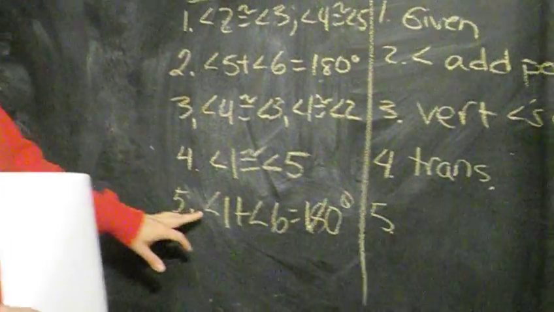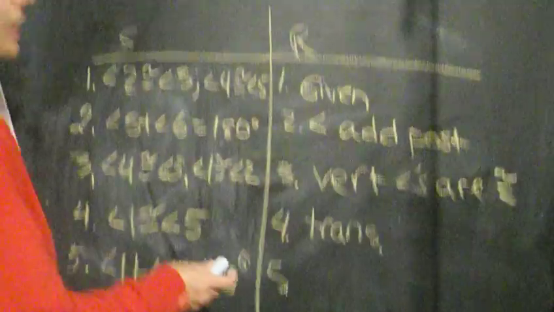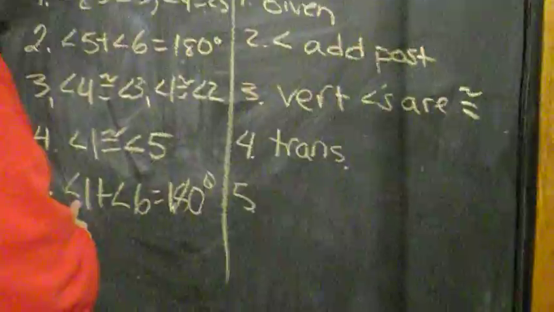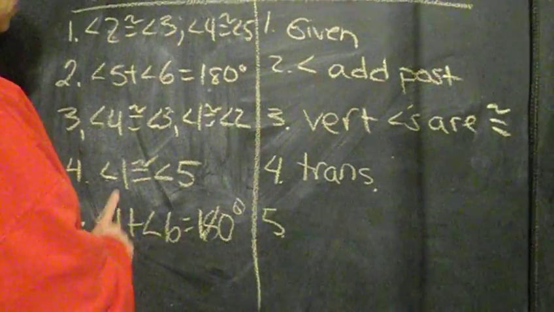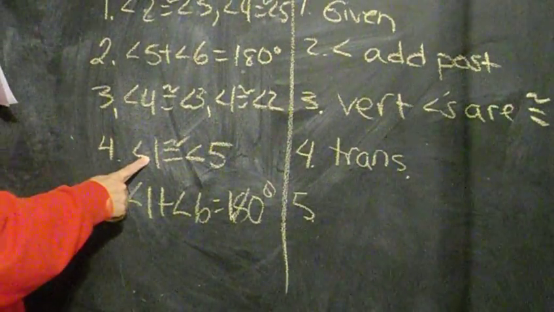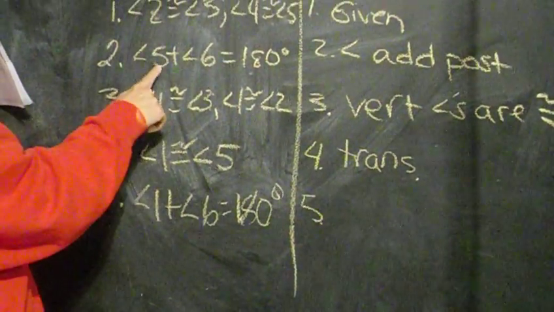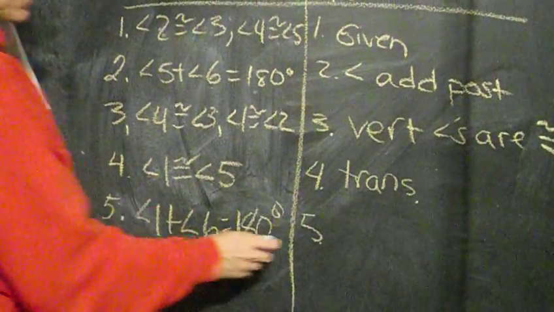All right, then I said angle 1 plus angle 6 equals 180 degrees, and that is because of substitution, because right here I said angle 1 equals angle 5, then angle 5 plus angle 6 equals 180 degrees. So I could say substitution.